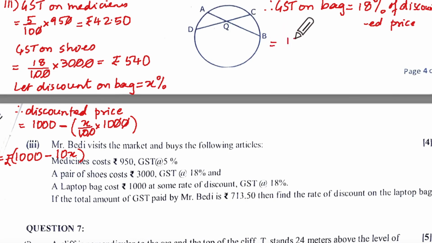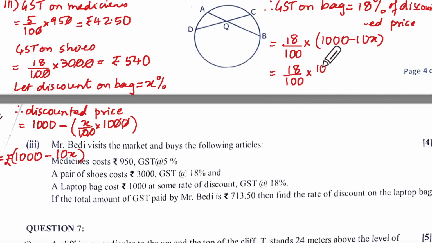Which is equal to 18 upon 100 into, and I'll place this inside the bracket, and that's it. I don't want to cancel anything unless I take 10 common. Okay, so 18 upon 100 into 10 into bracket 100 minus x. This is what I could do maximum, right? So 18 upon 10 into 100 minus x.